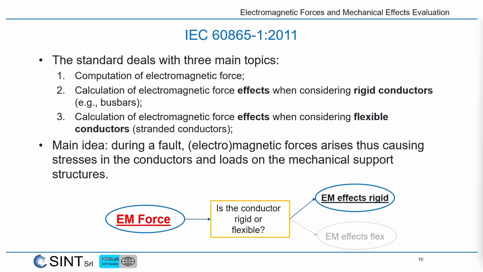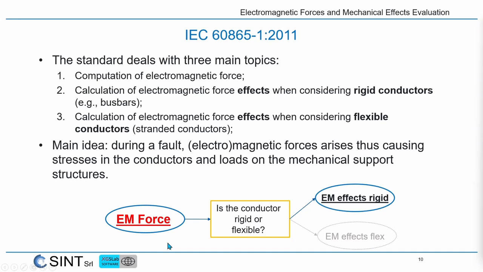This is describing the phenomenon in which during a fault electromagnetic forces arise, and so some stresses and loads have to be taken into consideration when designing our mechanical structure.